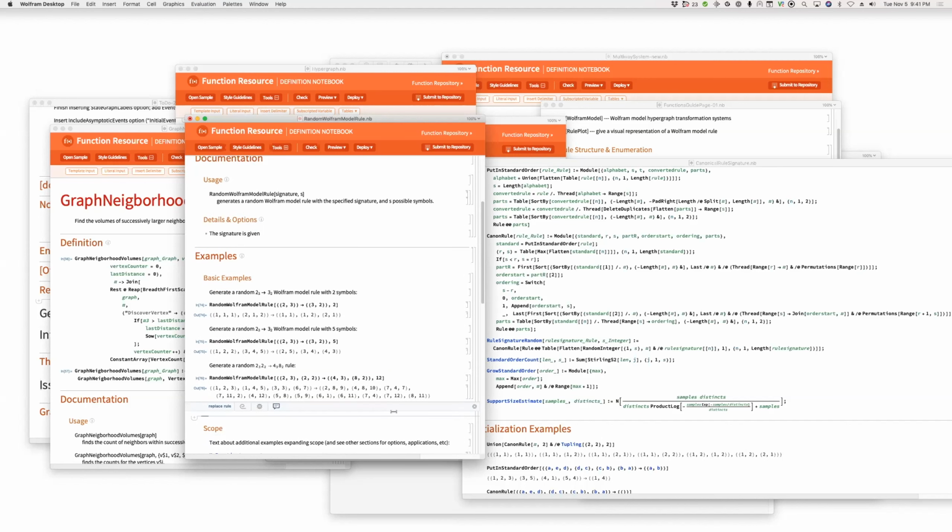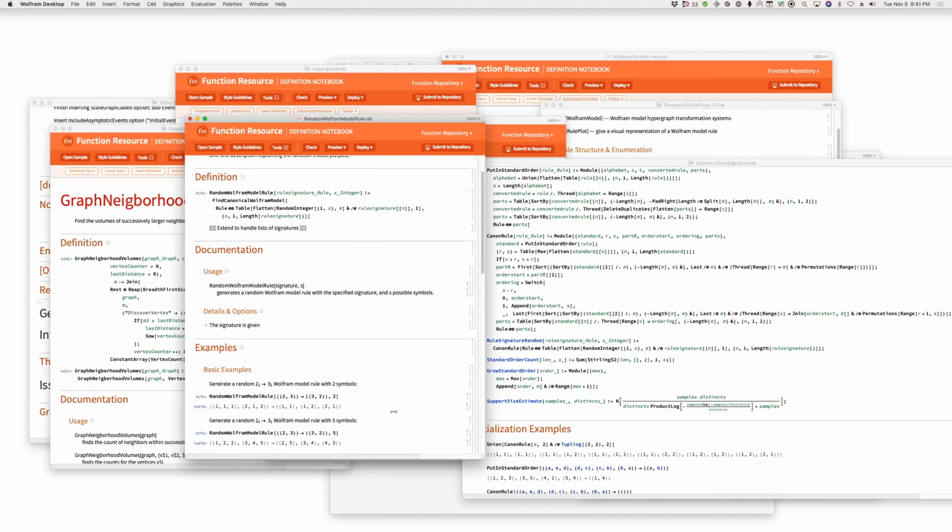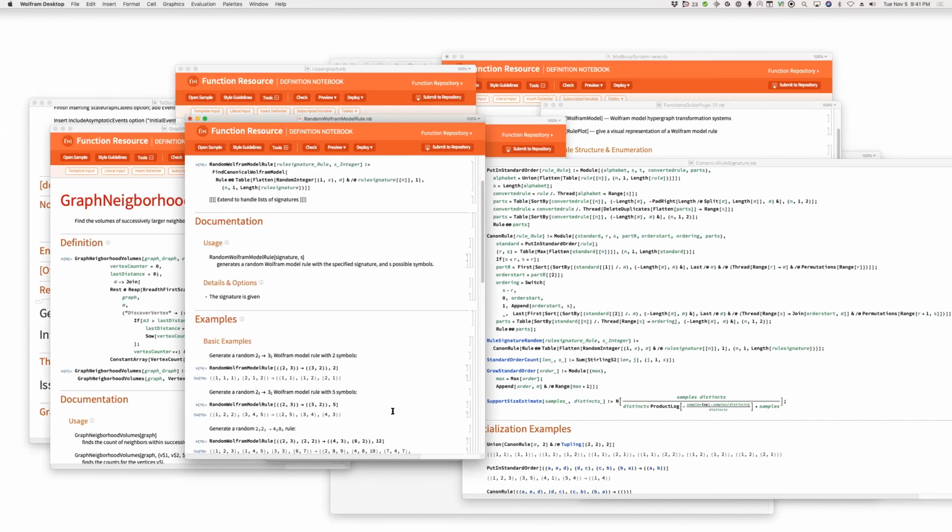Well, because he hasn't this rule signature thing. Look at this crazy thing.